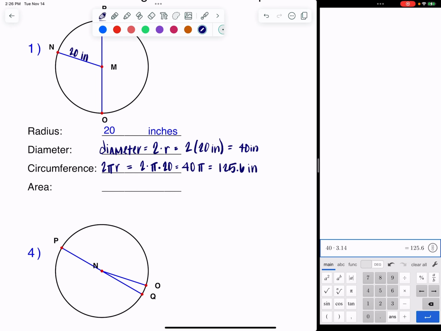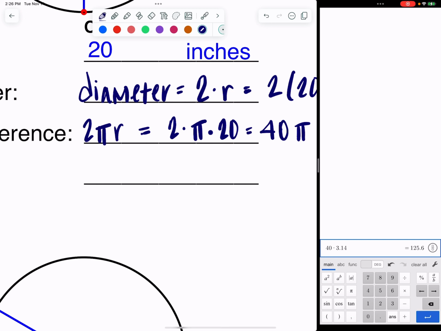The last piece we need is area. Well, area is pi times radius squared. So we have pi times 3.14, my goodness, 20 squared.